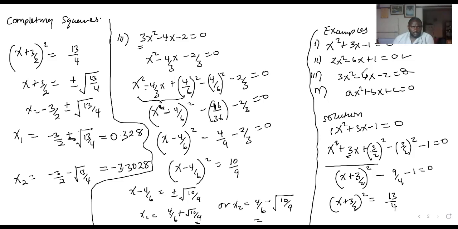Excuse me, teacher. Yes, please. Could you repeat from the third step? 1, 2, 3 here. Yes. What is confusing you most? Is it this one or this one?